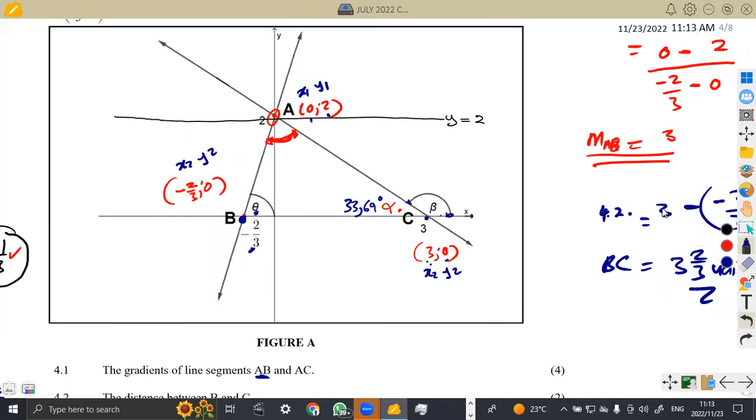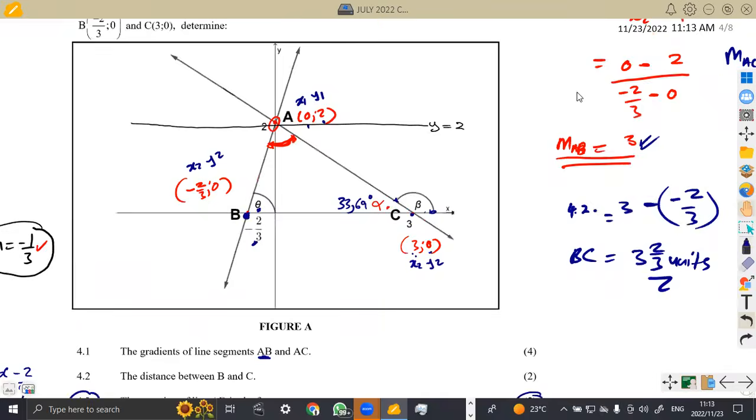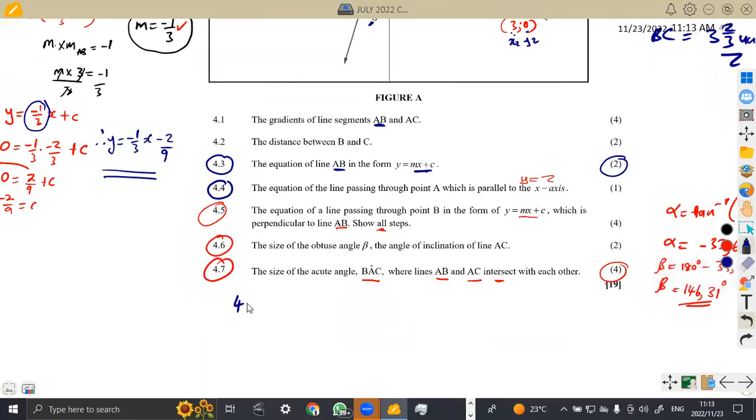Since we have the gradient of line AB, which is 3, we find angle theta from that gradient, since it is the angle of inclination. So theta is arctan of the gradient 3.